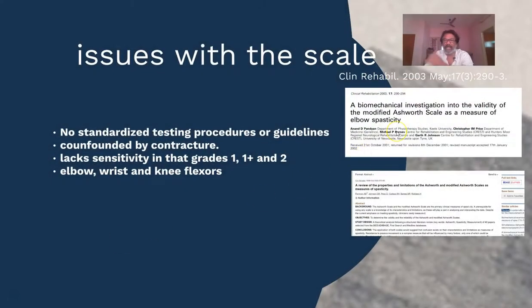What are the problems involved in that? The reliability is poor and all sorts of things, right? So this was done in the early 2000s, in 2003, and in 1999 he also did a review. And if you see, a lot of people have reviewed the properties of the Ashworth, and these are the major problems they have come up with.